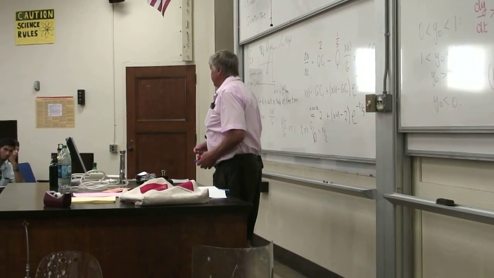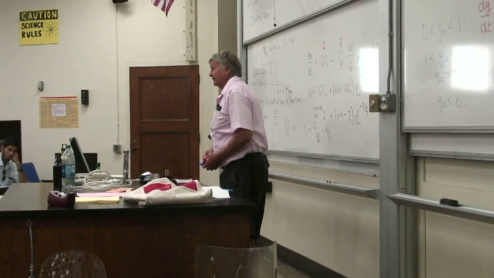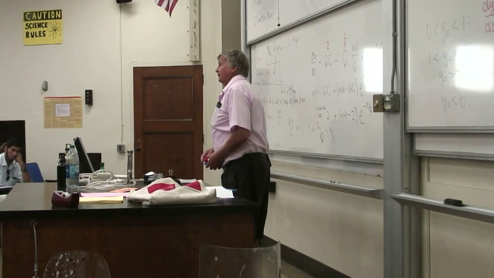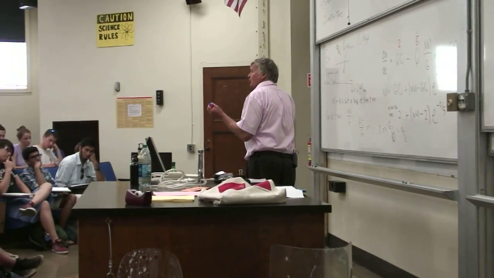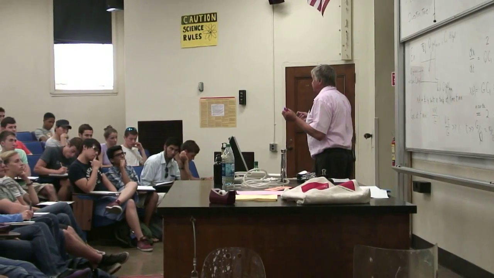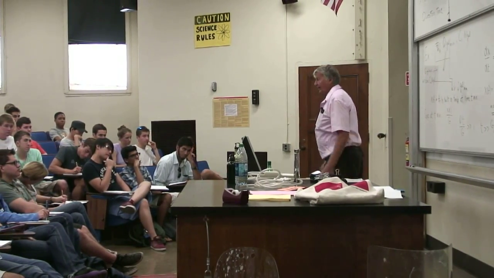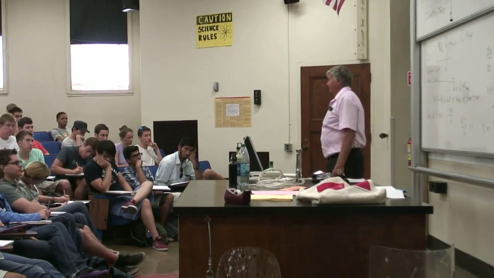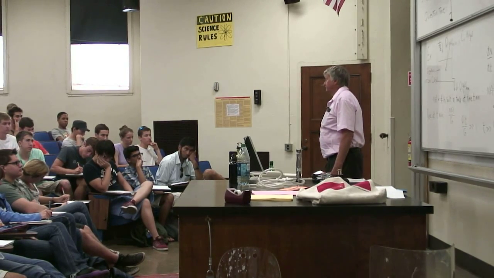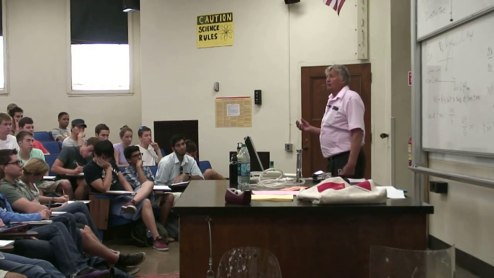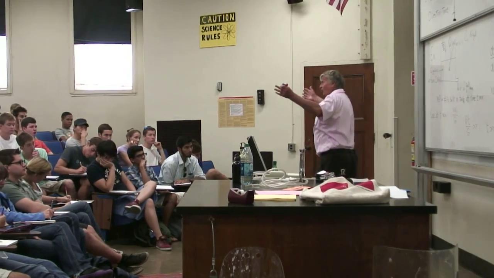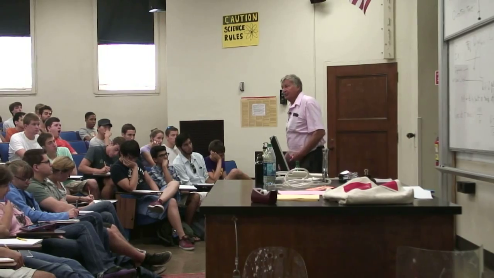Anywhere between 0 and 2. That's correct. So y0 between 0 and 2, that initial condition will always end up at y equals 1. Because this is very important, it's like the catchment area.